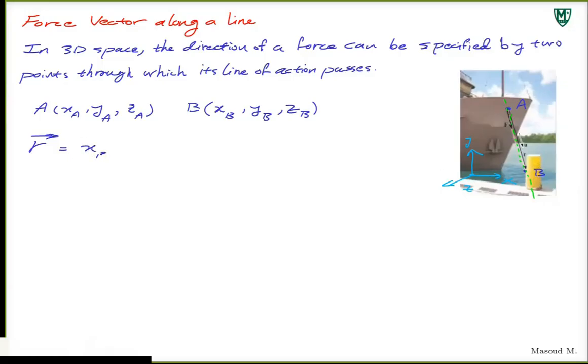It would be XB minus XA i, plus YB minus YA j, plus ZB minus ZA k. So if you think about i, j, and k as coordinates.